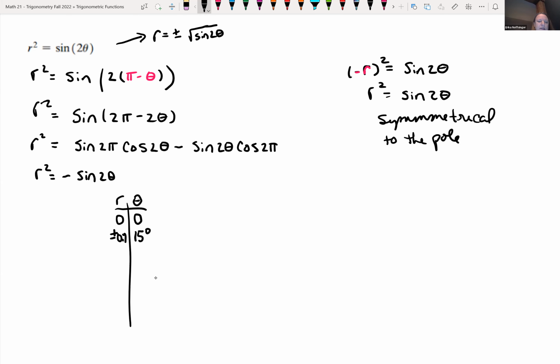If I plug in 30 degrees, 2 times 30 degrees is 60 degrees. That's root 3 over 2, square root of root 3 over 2, that's about 0.93.